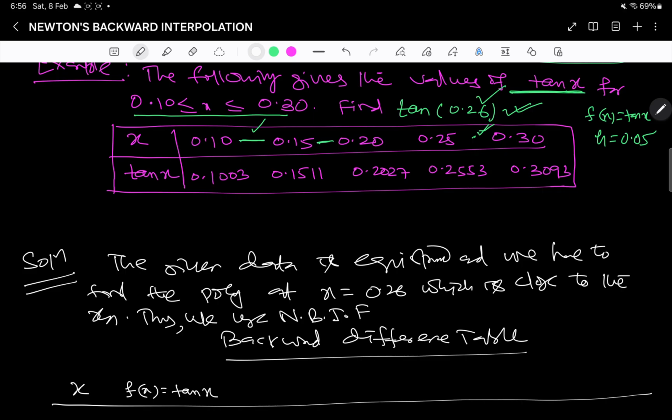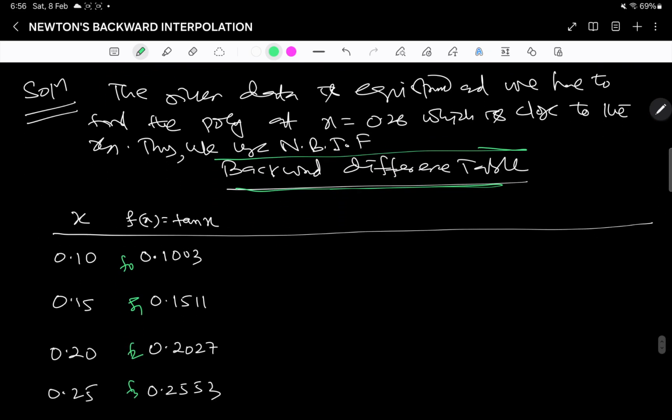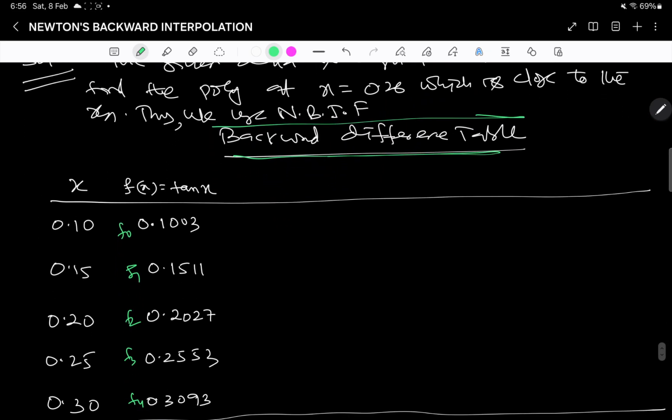So before that we should first compute the backward difference table. I write x and the value of fx. Now coming to the table, in this table it is my del of f. So now you see, del f1 is f1 minus the previous.